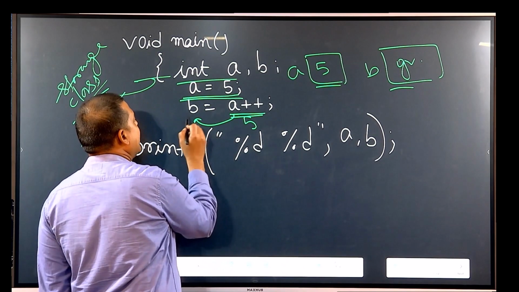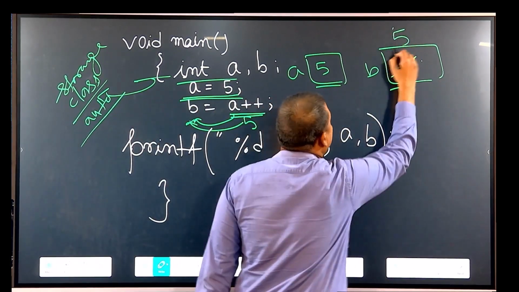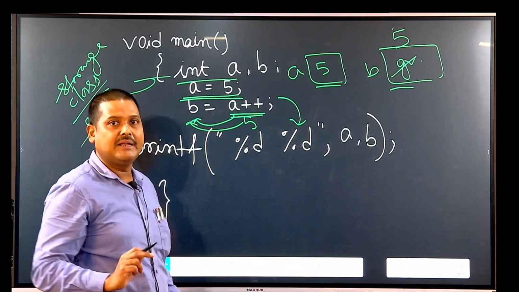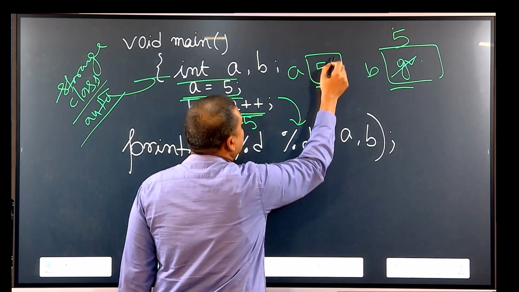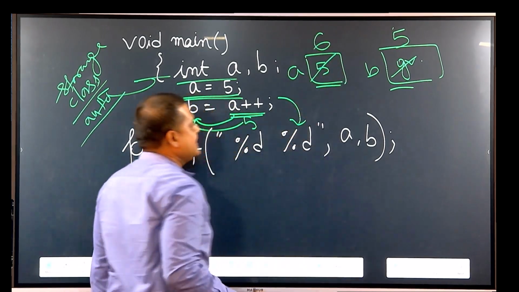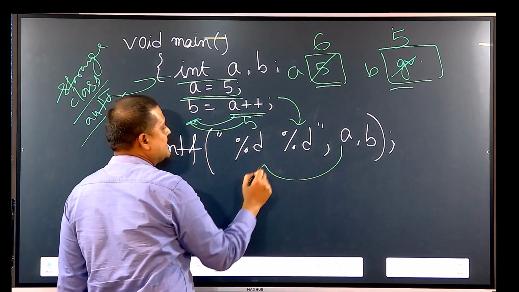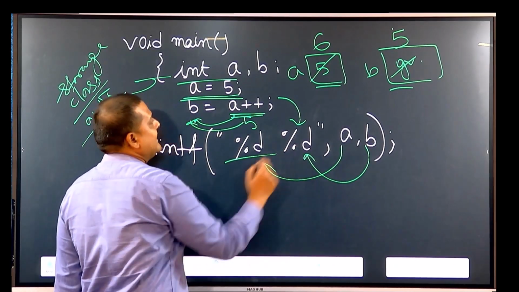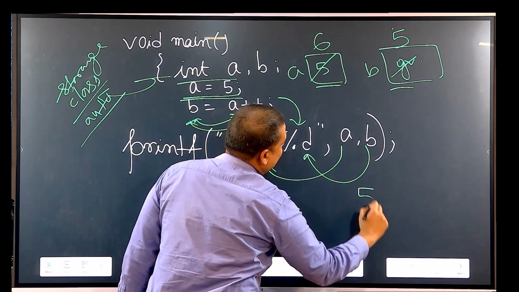So 5 will be assigned inside B. Then when we come out of this statement, when we finish this statement, the value of A will be incremented by 1, that is 6. So at this line, when printing, A will be printed as 6 and B as 5.